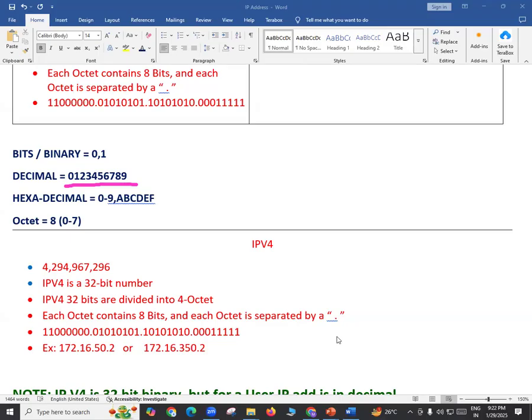Now we have one more number here actually, let's say hexadecimal number. Hexadecimal number is a concept where we are using decimal numbers and we are using some alphabets: A, B, C, D, E, F. This is your hexadecimal number. So if I say a number like, let's say, 73, this is decimal. If I say a number like, let's say, 73B, this is a hexadecimal number.